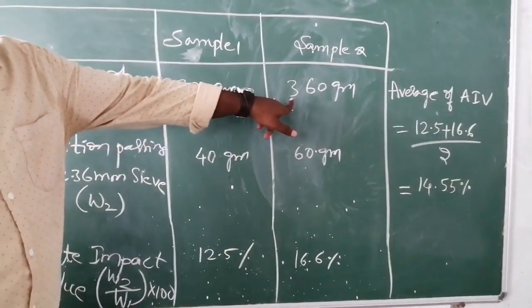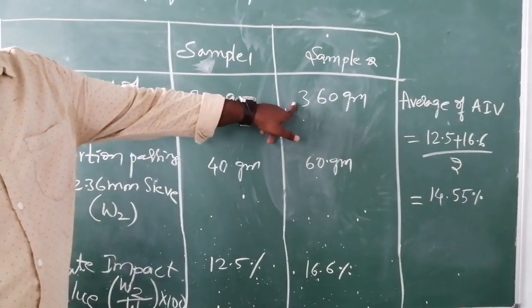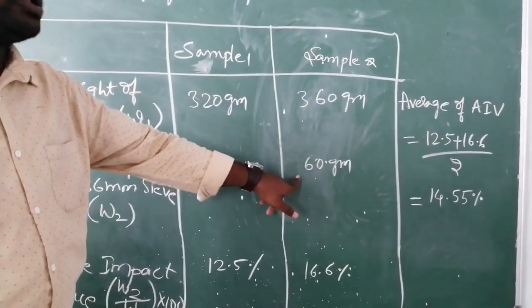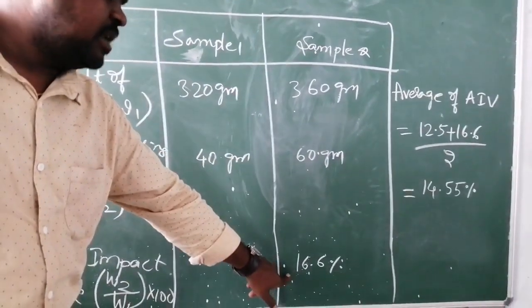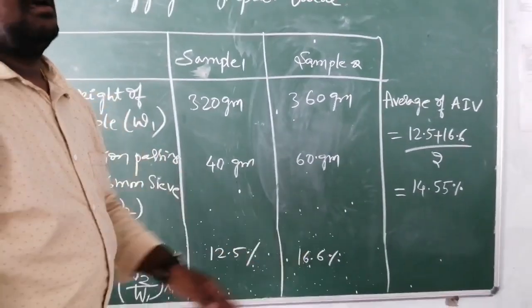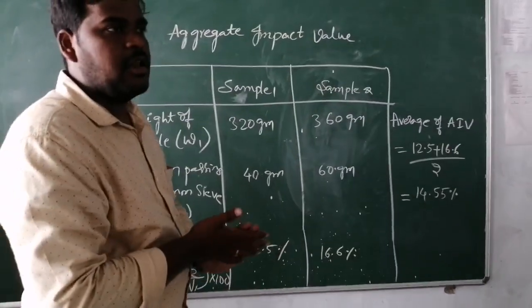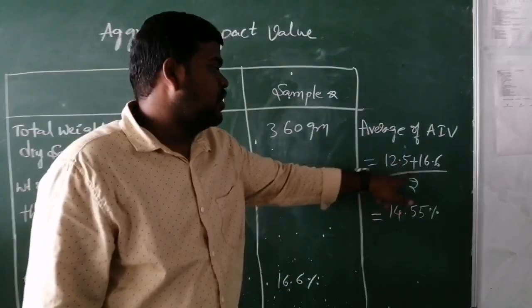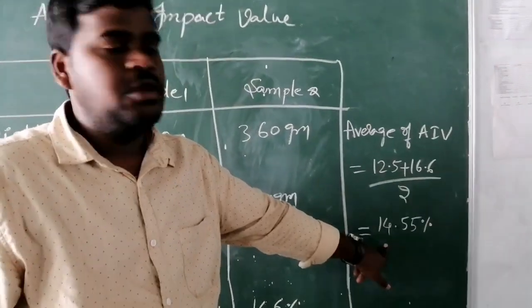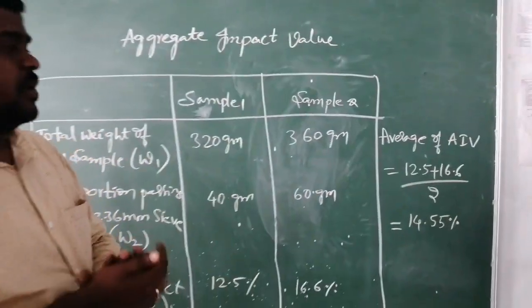Likewise, we have to do this for sample 2, the dry weight of aggregate and the portion after the impact load is applied, and 16.6% will be the aggregate impact value of sample 2. We have to take the average of these two values, and the final answer is 14.55%.